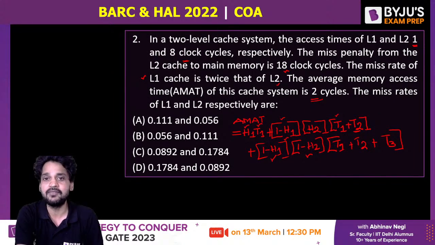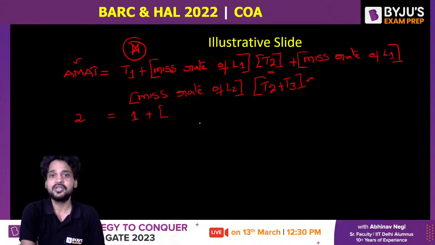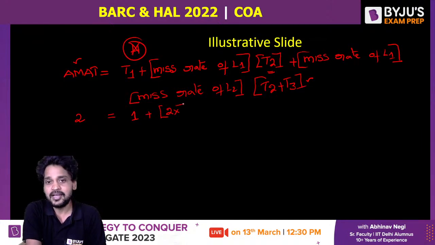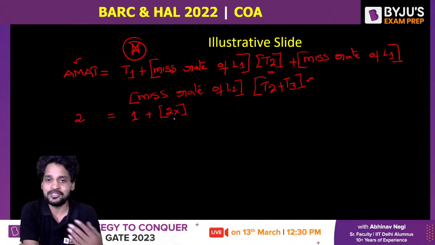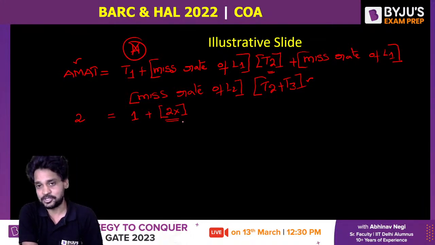The miss rate of L1 cache is twice that of L2. Very good. So L2 miss rate will be x, L1 miss rate will be 2x. Yes or no? Because it is double.